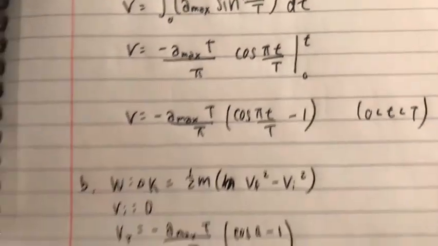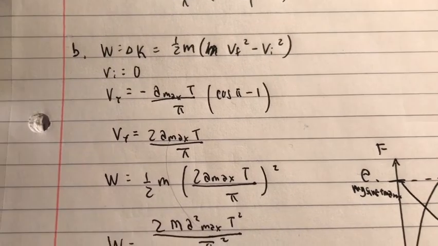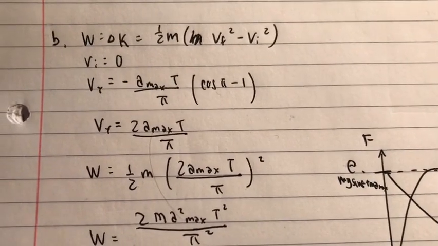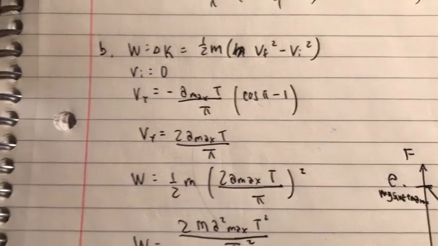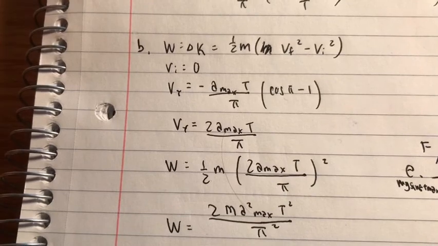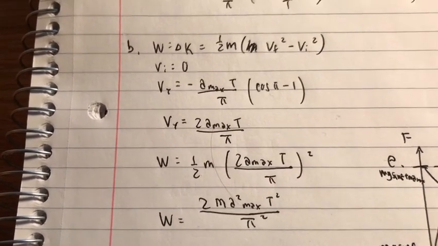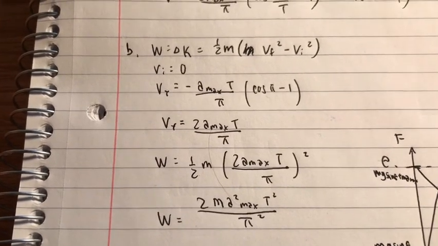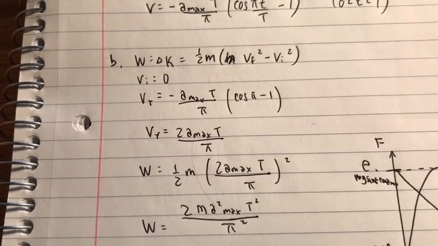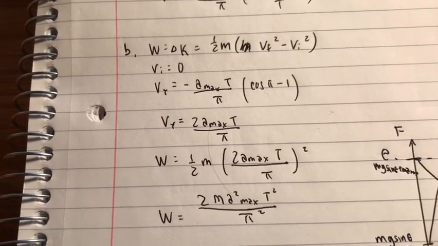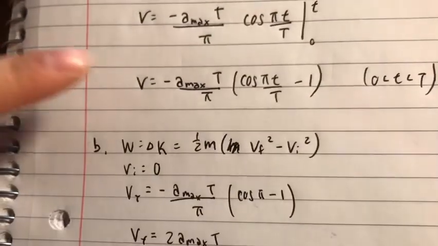Okay, so for part B, we're asked to find the work done by the net force on the skier from rest until terminal speed is reached. And we know that the work done by the net force is equal to the change in kinetic energy, so that's indicated in this equation over here. We know that it's from rest, so V initial will be 0, and then for V final, we're just going to plug in the terminal time T as the variable t into our previous equation that we derived over here.